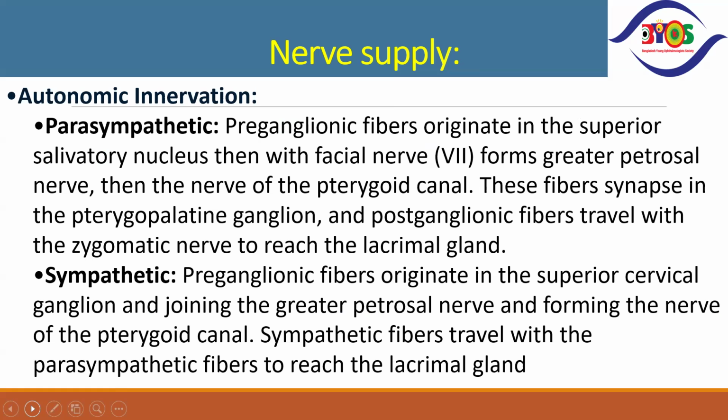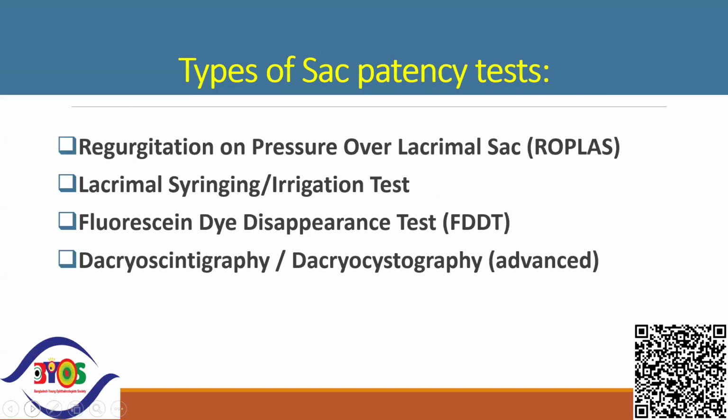The sympathetic portion has preganglionic fibers originating in the superior cervical ganglion, joining the greater petrosal nerve and forming the nerve of the pterygoid canal. Sympathetic fibers travel with the parasympathetic fibers to reach the lacrimal gland.